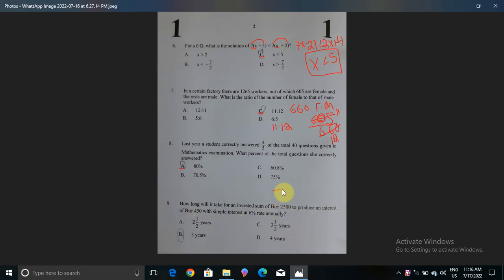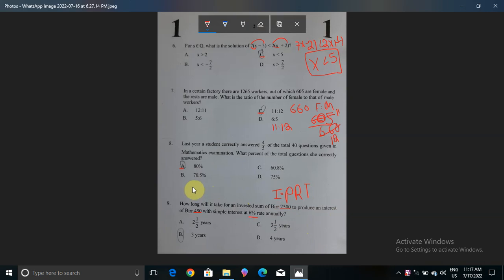So we will use a formula which is I is equal to PRT, which means we'll put in place of interest 450 BER, and in place of the principal, it will be 2500, and in place of time, we don't know, but in place of rate, we will put 6%.